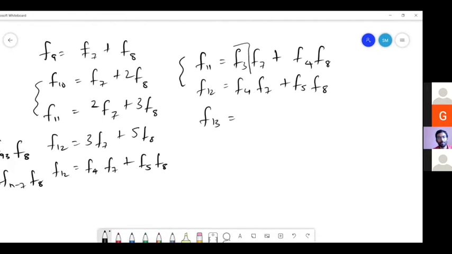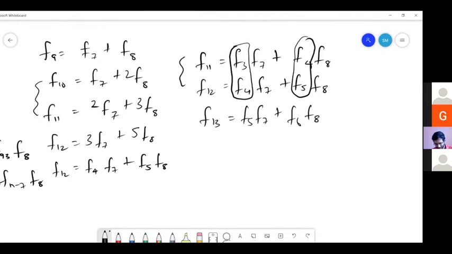So F3 plus F4, we know that it becomes F5, and F4 plus F5 becomes F6. Right. So like this, we can get a different structure.